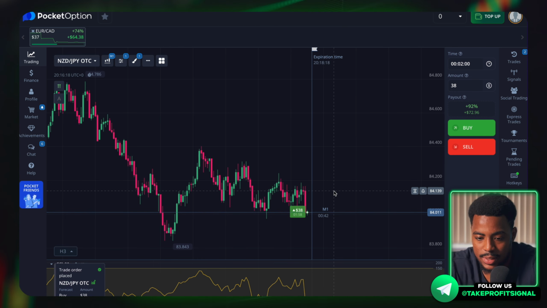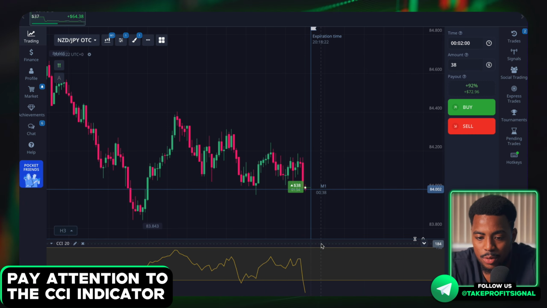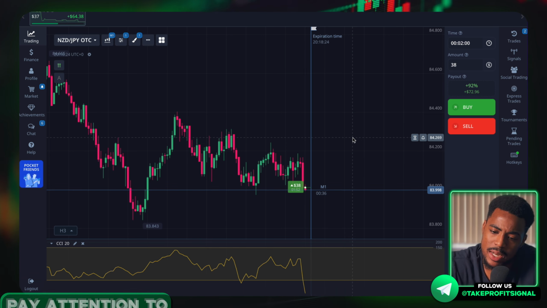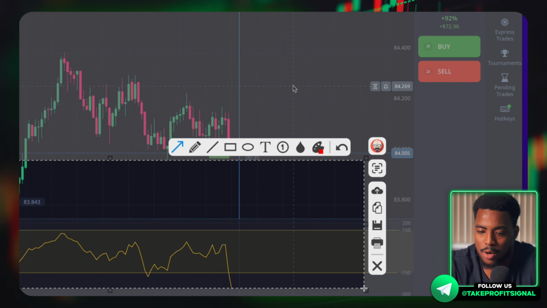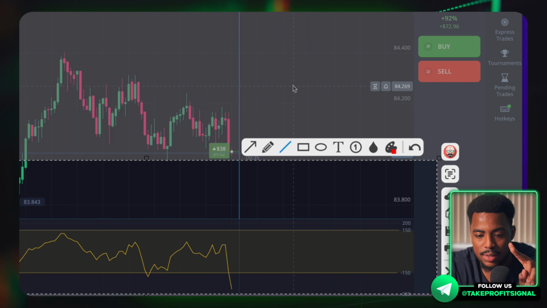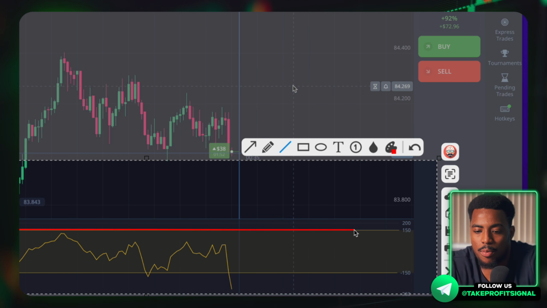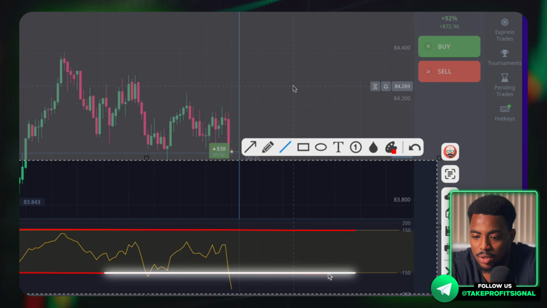Look, the first thing we always pay attention to is the SSI indicator. I'm not going to explain what kind of indicator it is in order not to burden you too much. You need to remember two things. This indicator has an upper line of 150 and a lower line of minus 150.